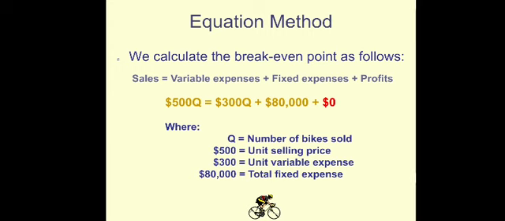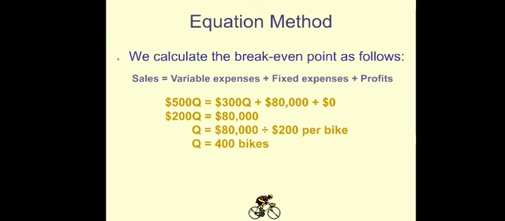Using this equation, you can now solve it. 500Q equals 300Q plus 80,000. Now you have to find Q. From this equation, you can see that Q equals 400 bikes.